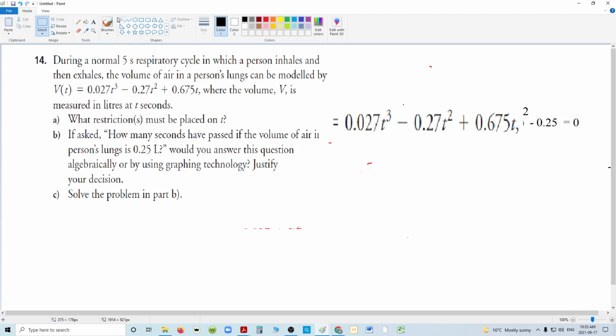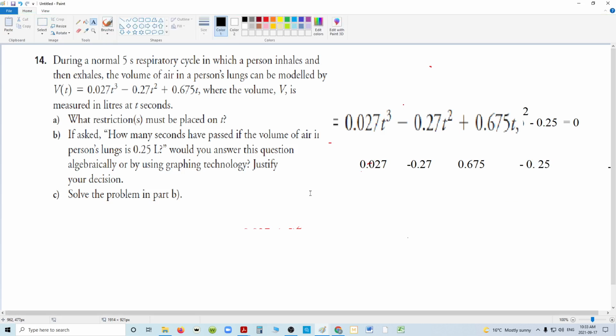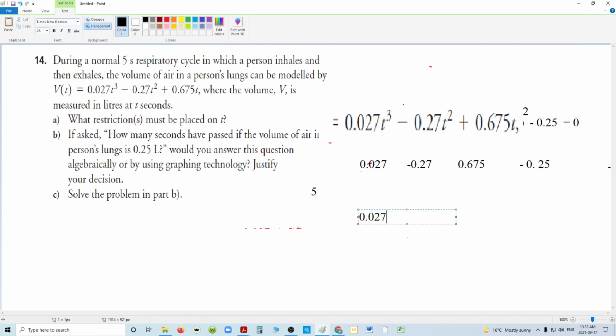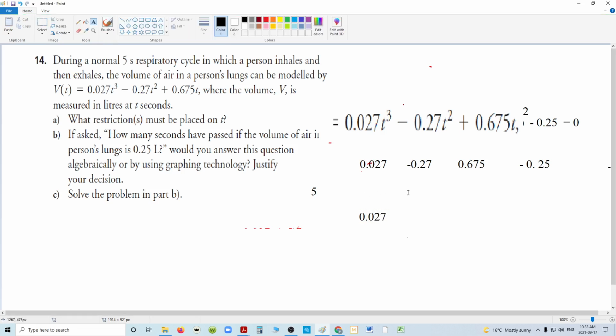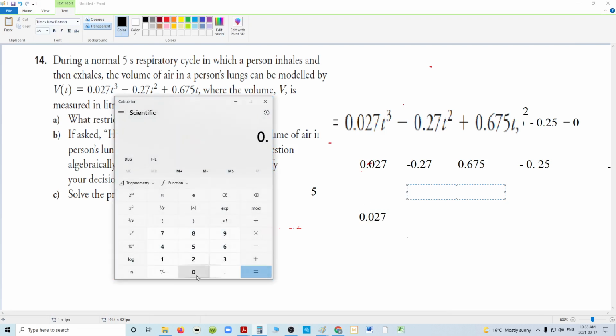We know that 5 seconds is going to be one of the factors. We know we're dealing with the coefficients 0.027, minus 0.27, 0.675, and the last one, negative 0.25. We're going to factor out a 5, or we're going to use 5 as a root. And you can see that we're going to have to do these annoying calculations each time.